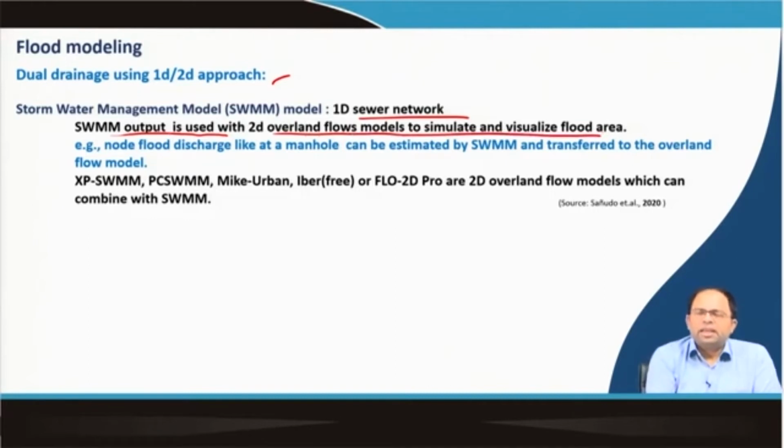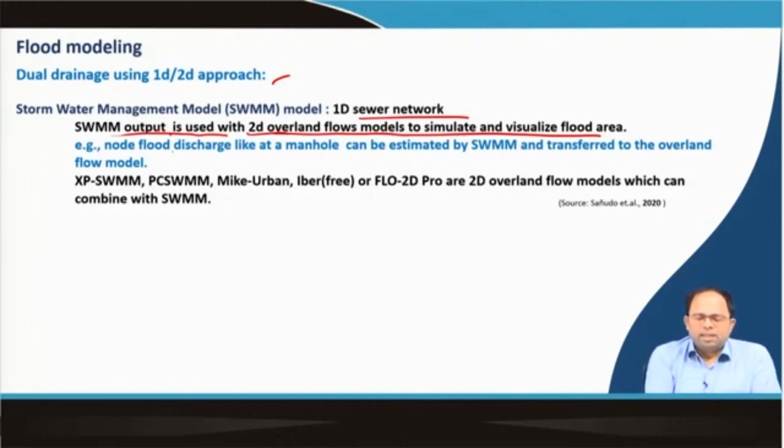So, we give as input which nodes are flooded and how much volume of excess water is getting out of those particular nodes, and that is taken as input for the 2D overland flow models, and they show how the water will spread over the surface from that particular area.